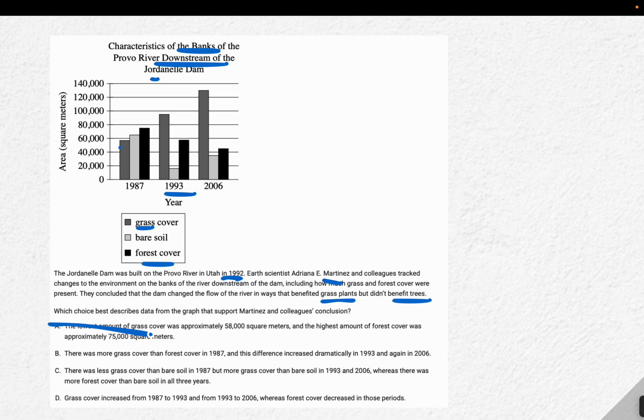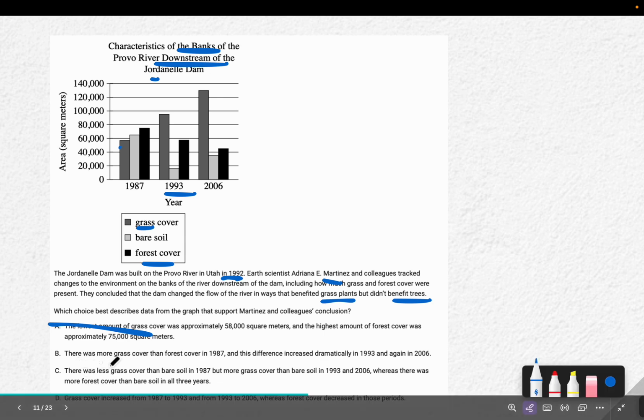Therefore, the information cannot support it because of the years. And there was more grass cover than forest cover in 1987.